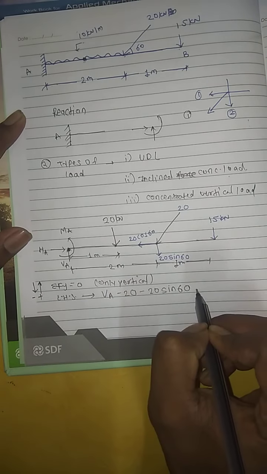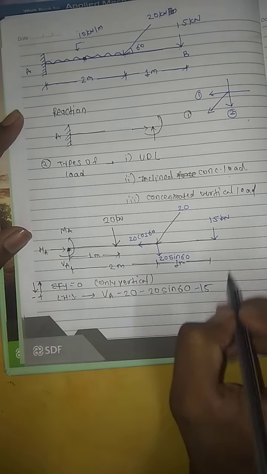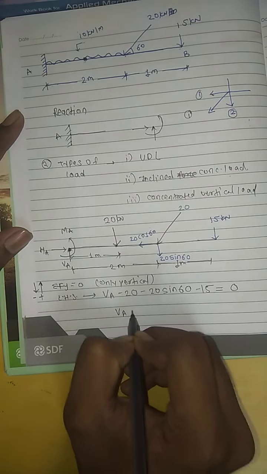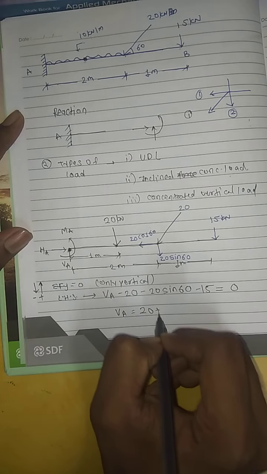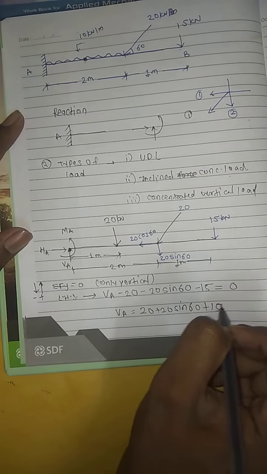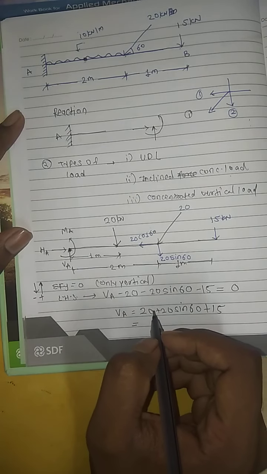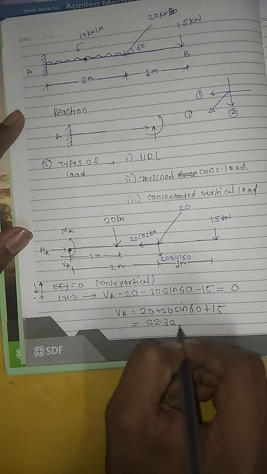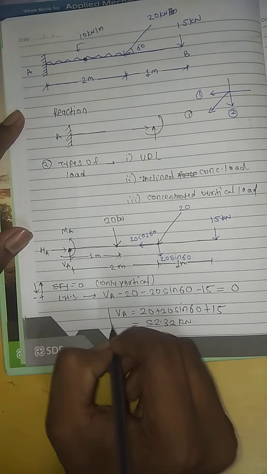Then this again minus 15, which will be equal to 0. So our Va will become 20 plus 20 sine 60 plus 15, which is equal to 52.32 kilonewton. So this is our first answer.